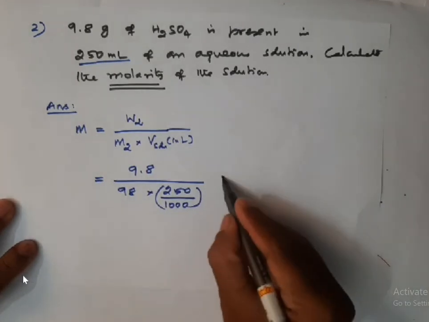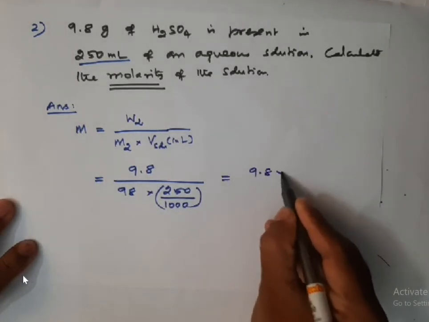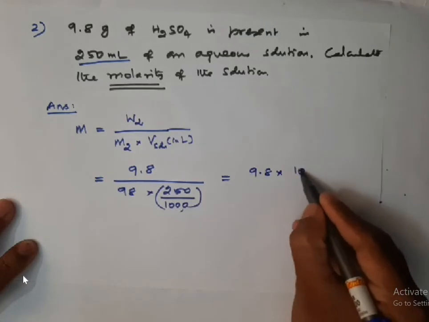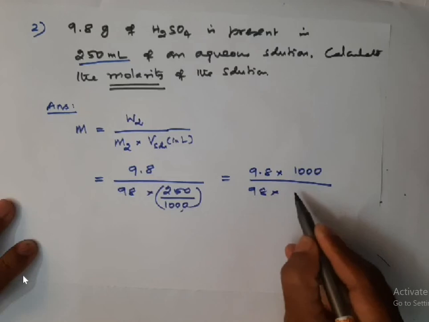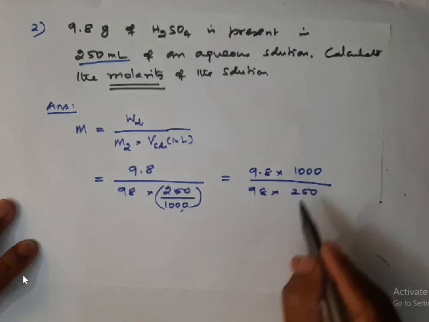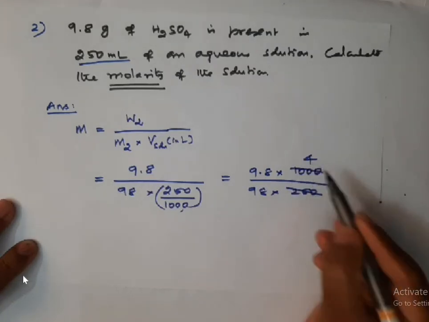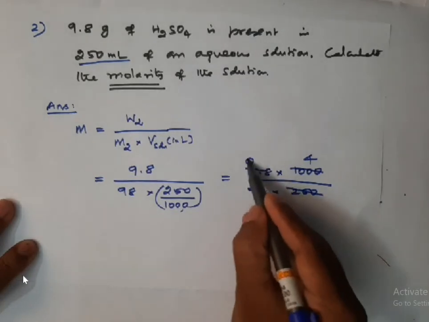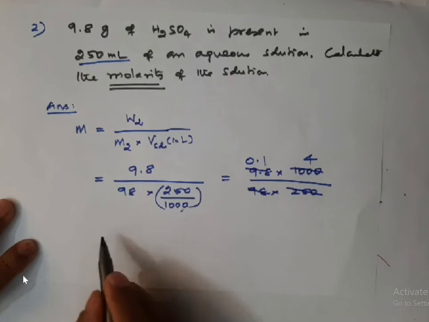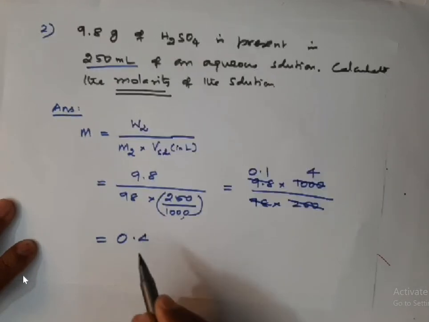Okay, so this is nothing but 9.8, I'll bring the 1000 to the numerator, into 1000 divided by 98 into 250. So 250 4 times is 1000. 9.8 by 98 is 0.1. 0.1 into 4 is 0.4.